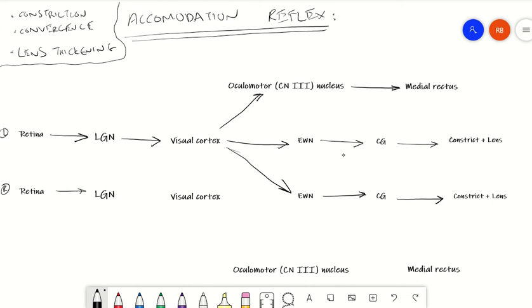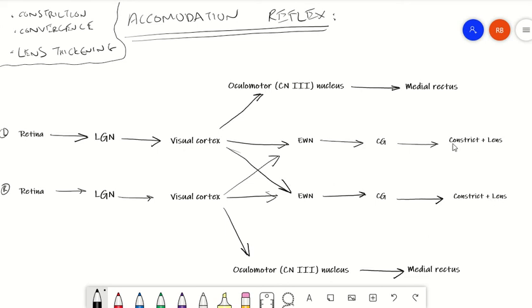So let's fill these gaps in. Visual cortex, remember, oculomotor nucleus on the other side, because we've got two oculomotor nuclei, and medial rectus on the other side. So both Edinger-Westphal nuclei are stimulated, and the fibers from here also produce the lens thickening from the ciliary ganglion as well.